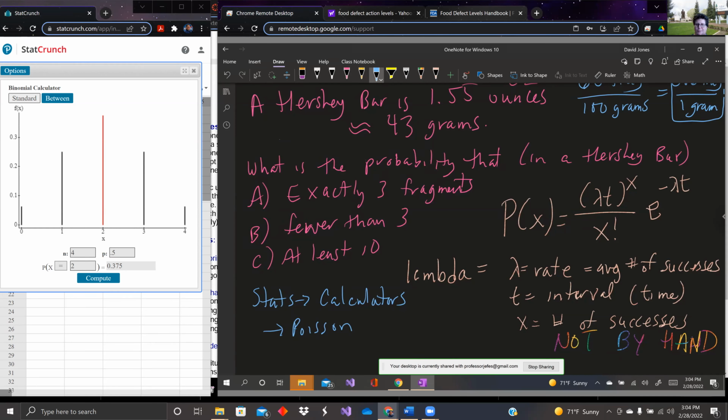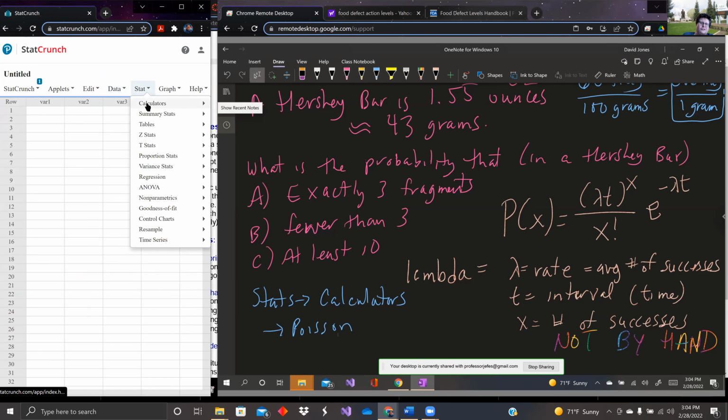I just showed you that formula so you would know what it looks like. I never expect you to use it. I don't expect you to use the binomial one, but that one's at least doable in a calculator. You can do this in the calculator too, but you may not be comfortable with exponentials and anything like that. So we're going to do stats, calculators, Poisson.